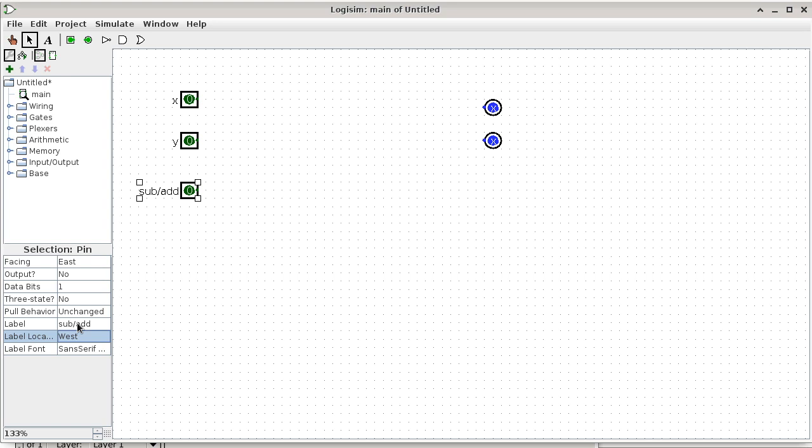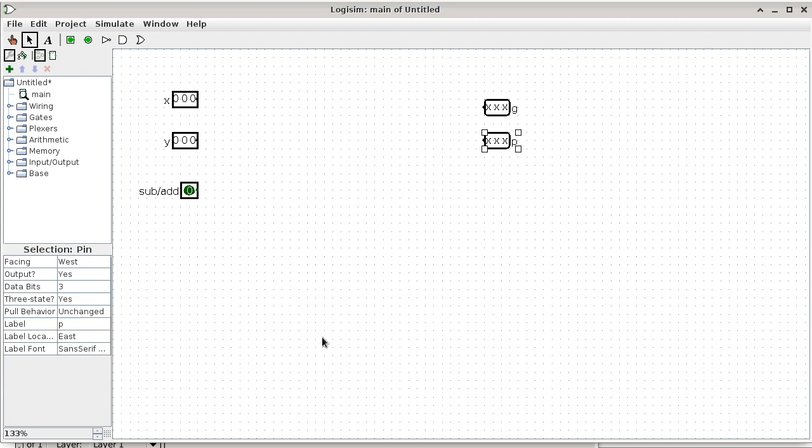All right. And these X, Y, P, G are supposed to be multi-bit pins. So we'll make it 3 and 3. And the same thing for P and G. So we'll label this one as G. It is a 3-bit thing. And then this is P, and it's also a 3-bit thing.